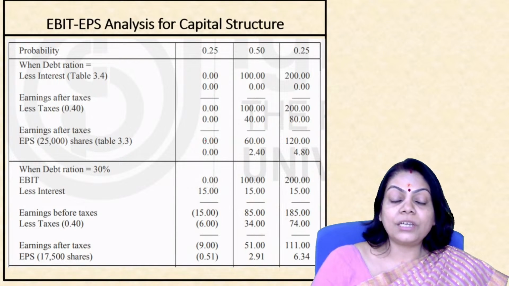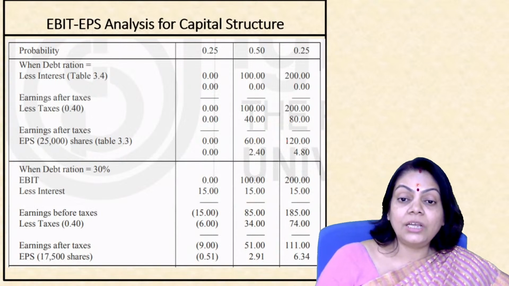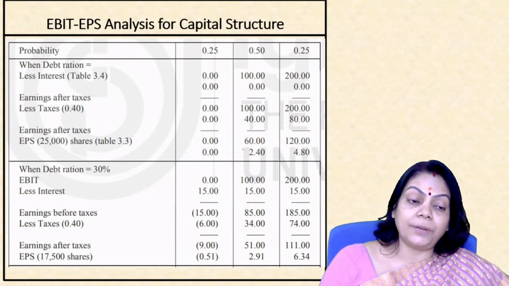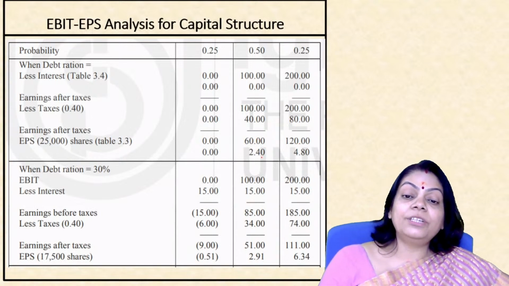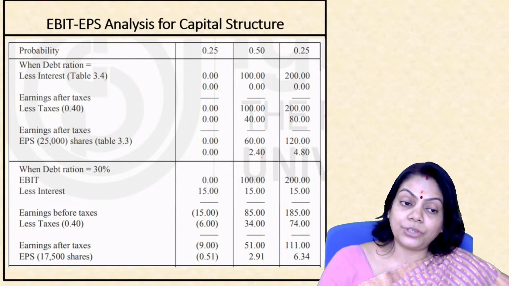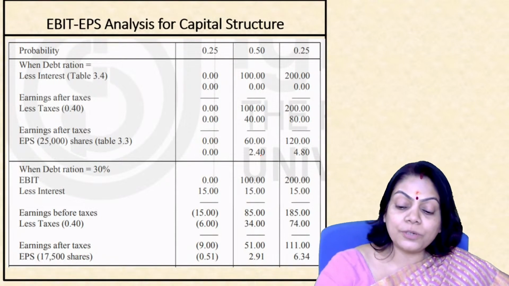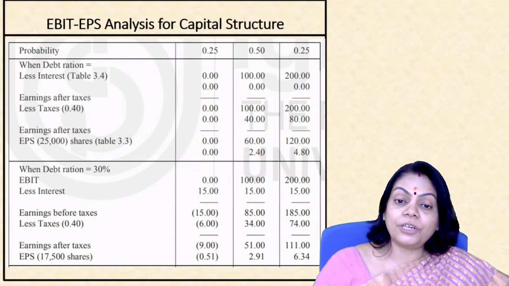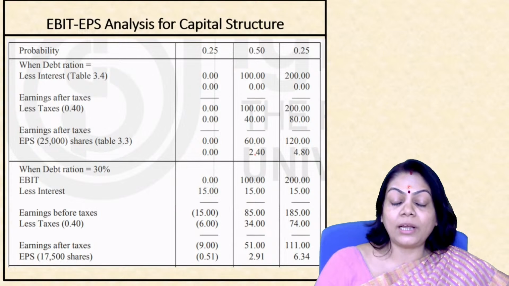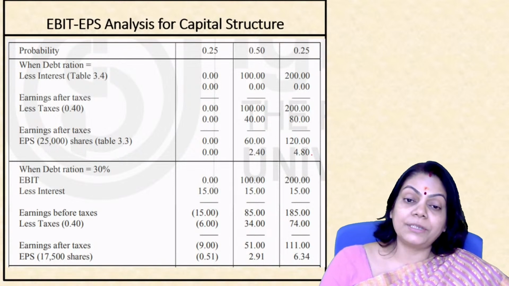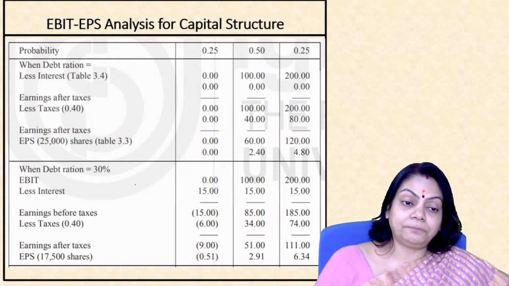The first case, no profit. Second case, 60,000. Third case, 1,20,000. These are divided by the respective shares. If it was 0% debt, then the number of shares were 25,000. So 60,000 by 25,000 is 2 rupees 40 paise, and 1,20,000 divided by 25,000 works out to 4 rupees 80 paise. Now these are my EPS.